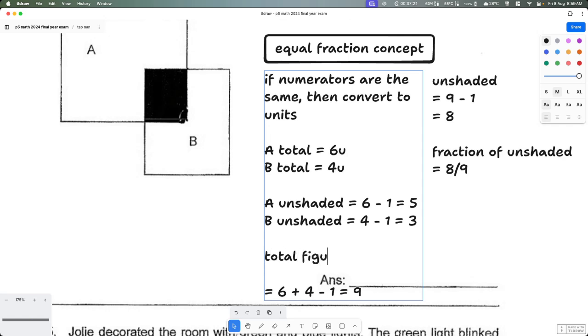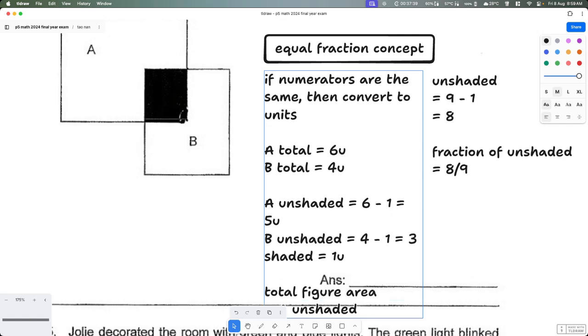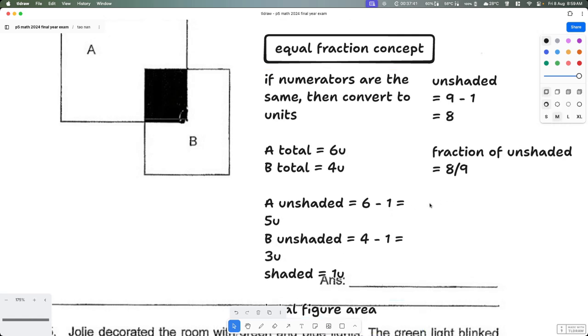Then total figure area is equal to A unshaded plus B unshaded plus shaded. We also know that shaded is equal to 1 unit, right? So 5 units, and then we have 3 units over here.